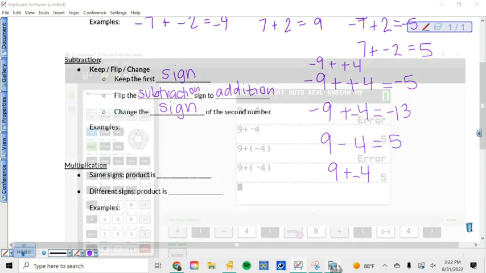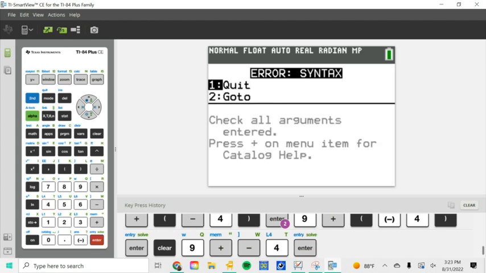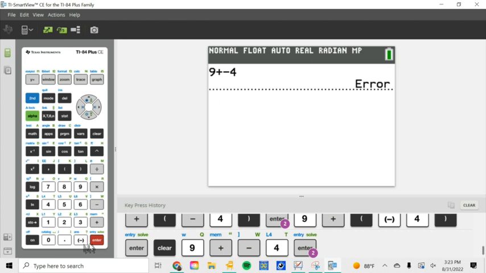And let me just show you really quick how to put negative numbers into your calculator. So if I want to do 9 plus -4, I see a whole bunch of people do this. 9 plus -4, and then they hit enter and they get an error. What's wrong with that? So let's try putting parentheses around it. 9 plus -4.